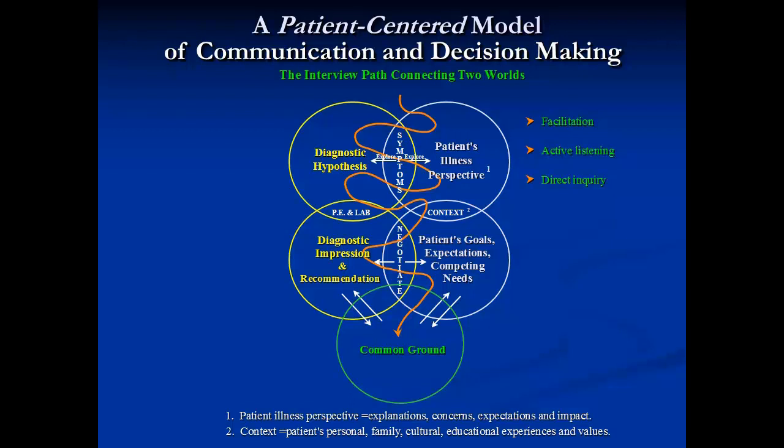As you can see through this process, there's lots of weaving in and out between the clinician's decision making and the patient perspective. This is a skill that takes practice, and it can be learned. Really, what you're trying to do is connect the two worlds together.